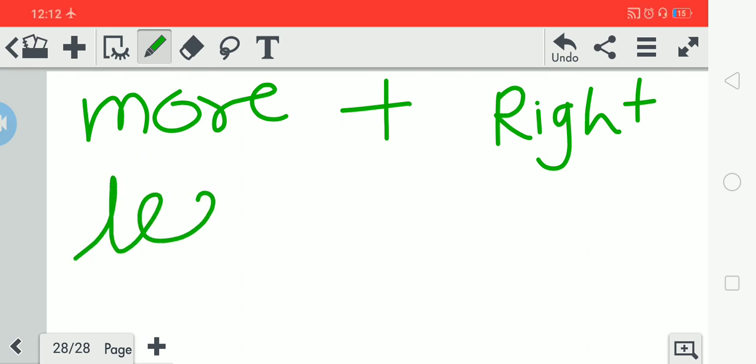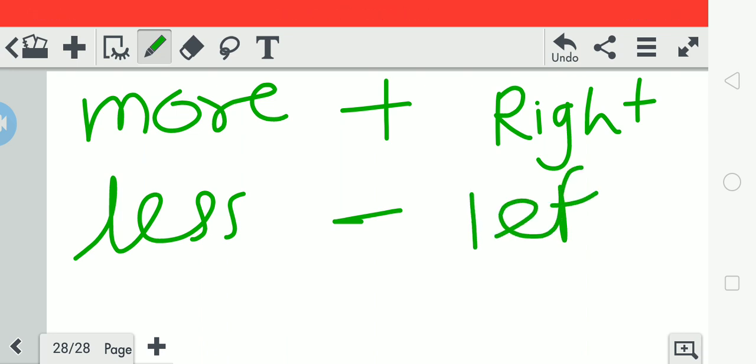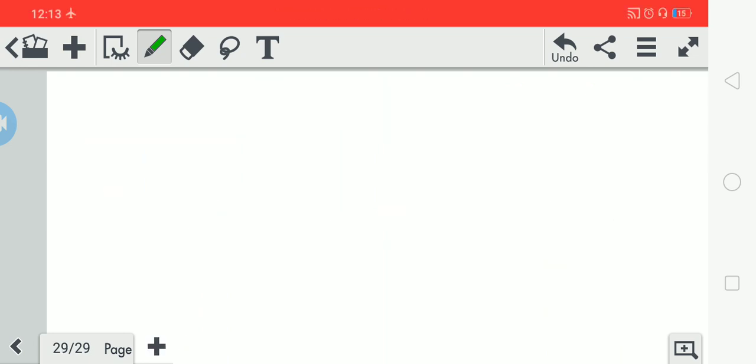When the word is minus or subtraction, go to the left side on your number line. This concept will help you a lot to solve this kind of example, right? So let's take some more examples.